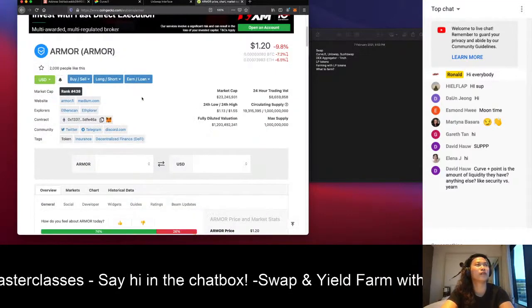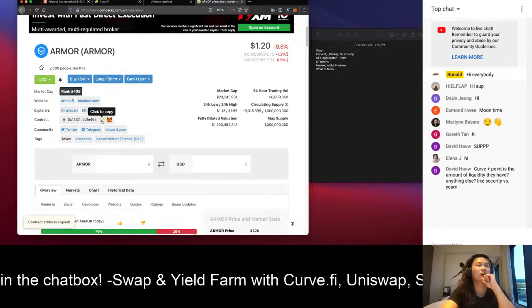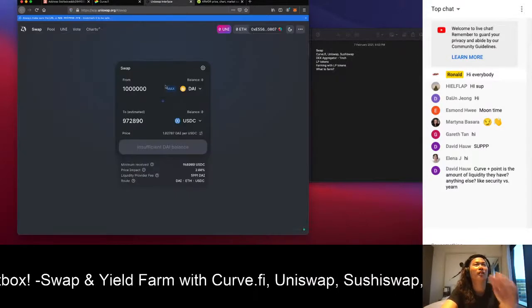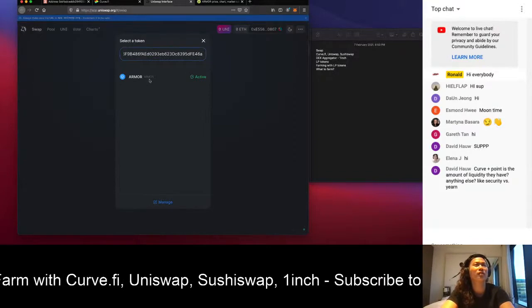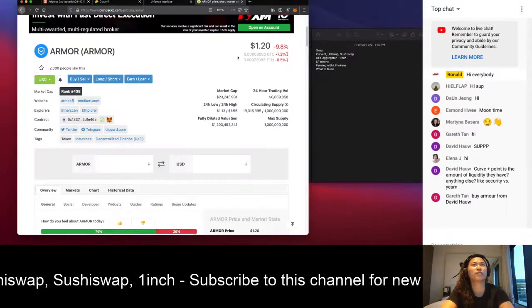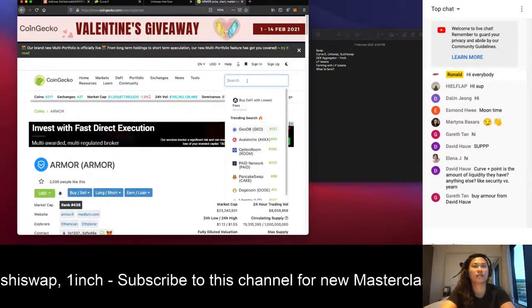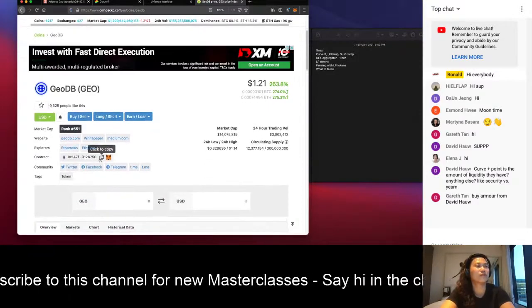But if it wasn't here, then you can come to CoinGecko, copy the contract, and then paste the address of the contract, and choose the token. So let me find one that doesn't work. Let's see, what's this, GeoDB? Okay, GeoDB, never heard of it.